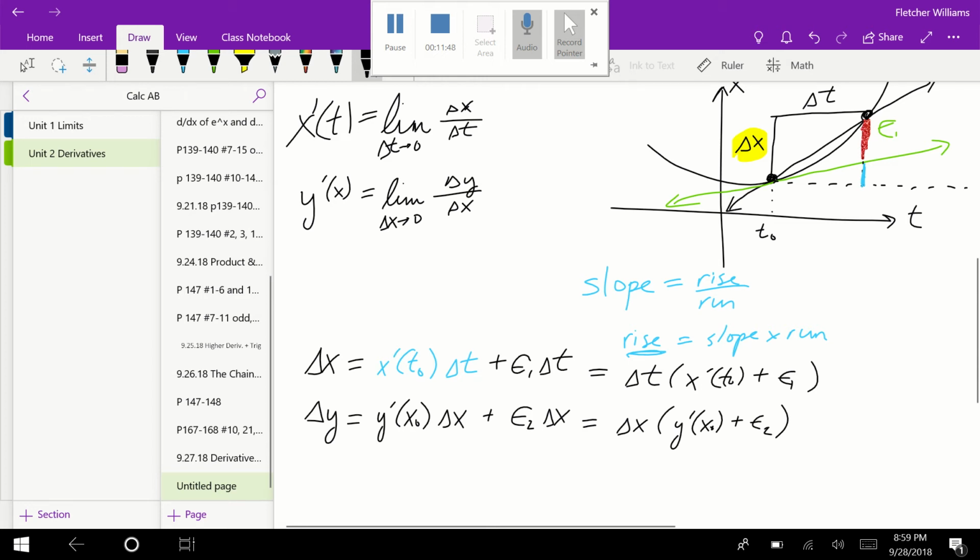Okay, so a little bit of algebra. You can see that my first equation, the delta y equation, has a delta x right here. Well, the whole first line was a delta x.